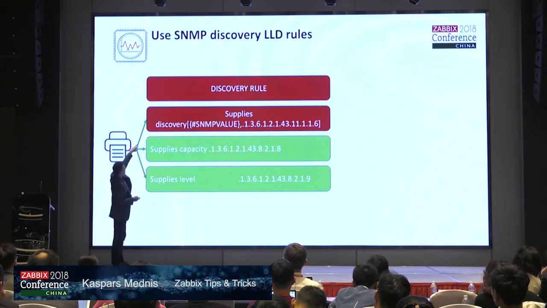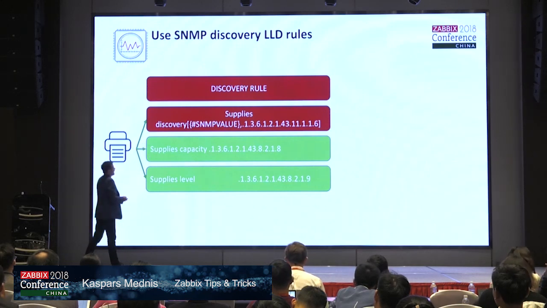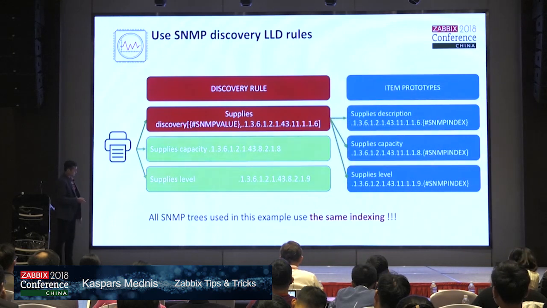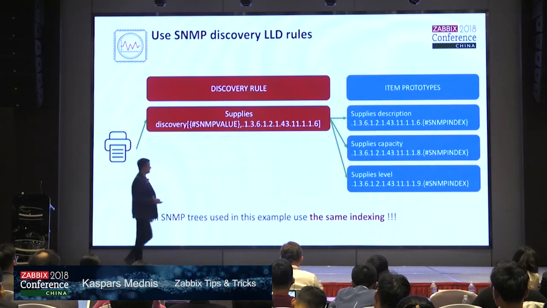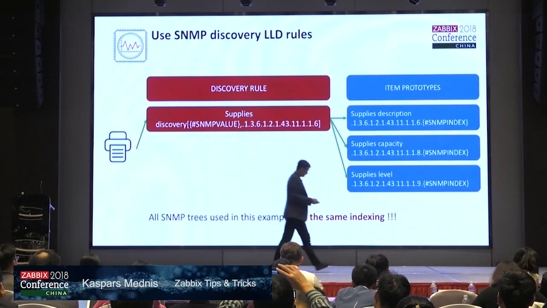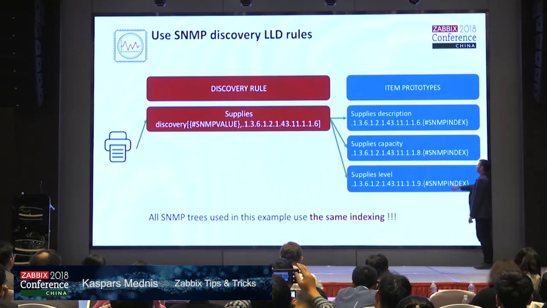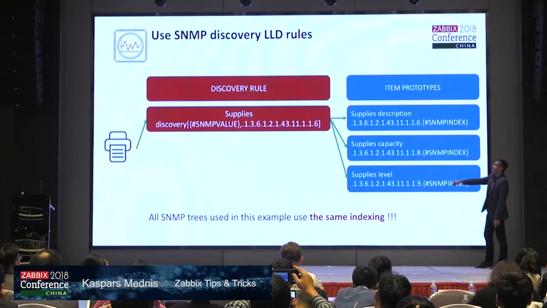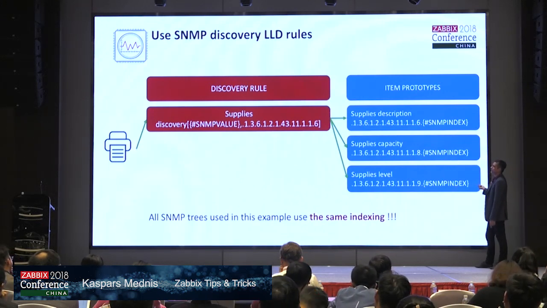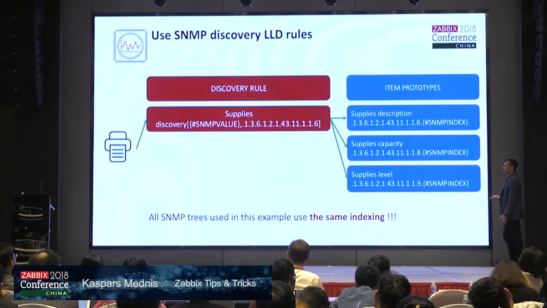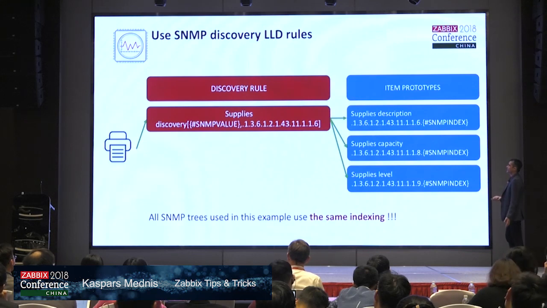If we have 4 supplies here, it will just create 4 SNMP value indexes. And then, for the other ones, you don't need them. You have indexed this tree, you have built the SNMP index from this one, and then you can enumerate another one. And with this simple discovery rule, you can assign it to any printer. It may have 1 cartridge or it may have 4 cartridges, doesn't matter.